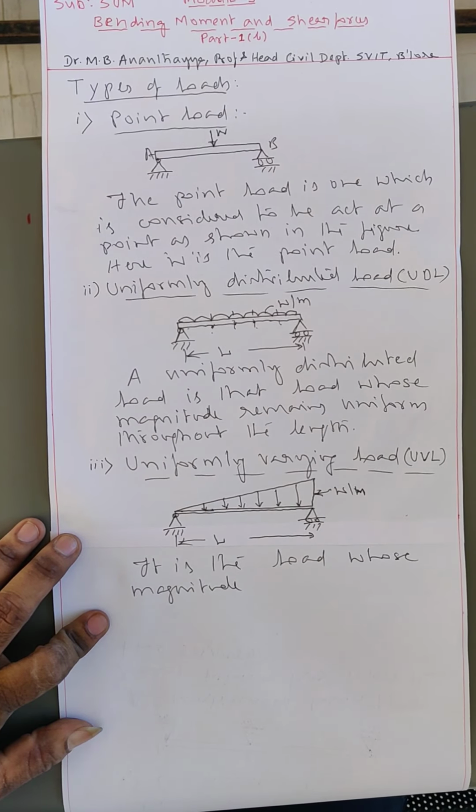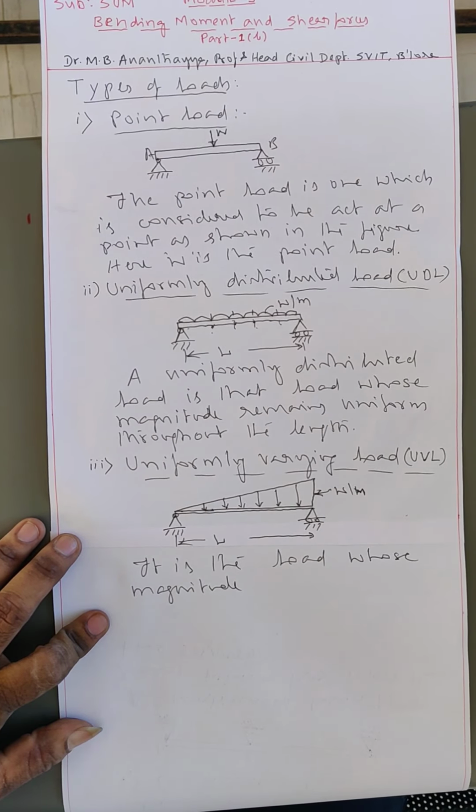That means the load increases with a constant increment, represented by W per meter length. For each meter length the increase is W load. It is also known as a triangular load because the area of this triangle will give you the total load. These are some of the types of loads.